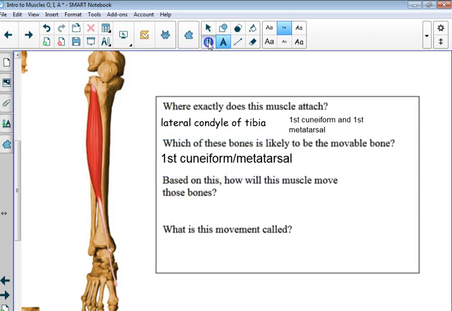So let's go ahead and put in our letters. This is our anchor end, so we're going to put an O there. This is our moving end, so we'll put our I there. And the rule that we will always follow is I to O. So here's our arrow.